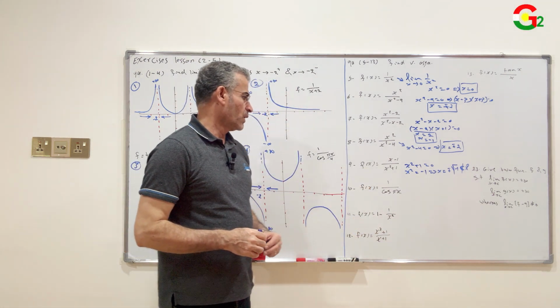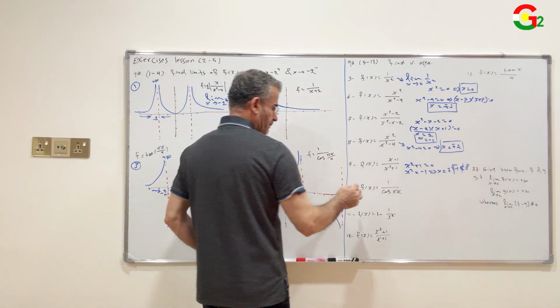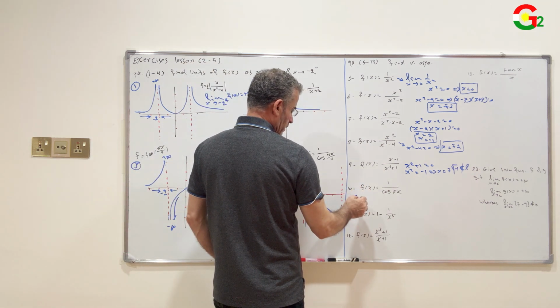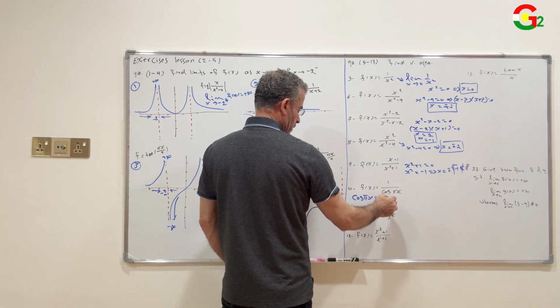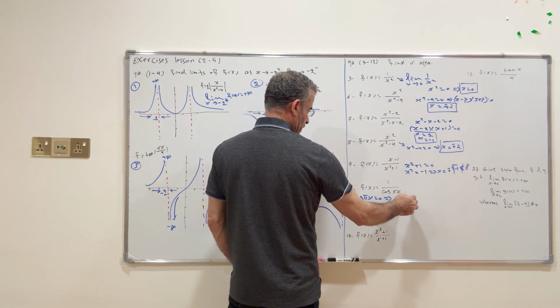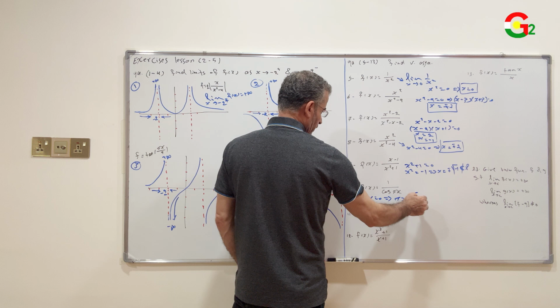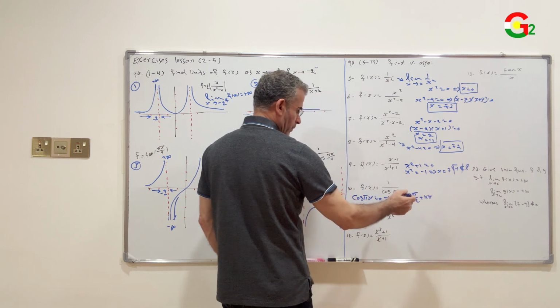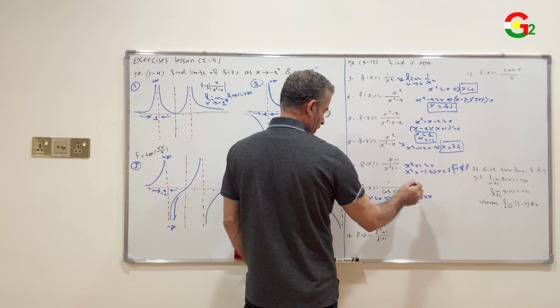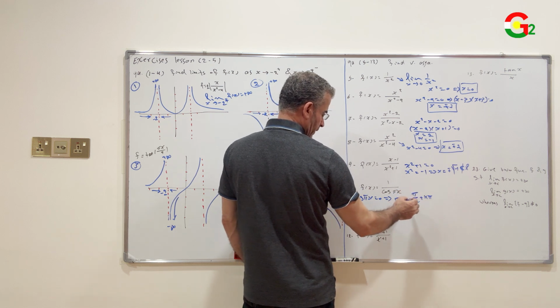f of x equals 1 over cosine pi x. Set cosine pi x equals 0. That means pi x equals pi over 2 plus k pi, k is an integer number.